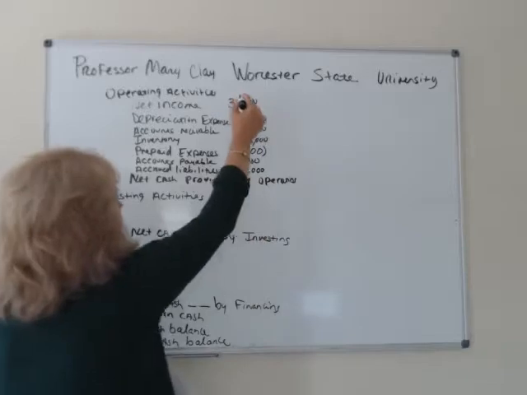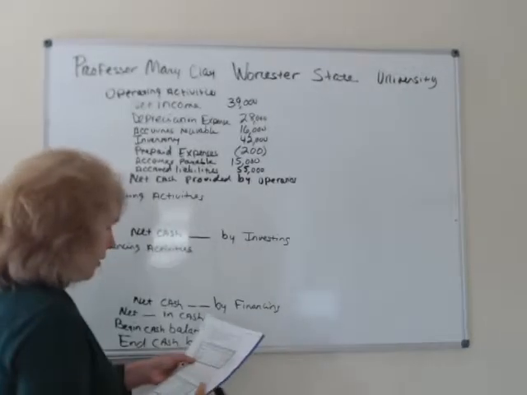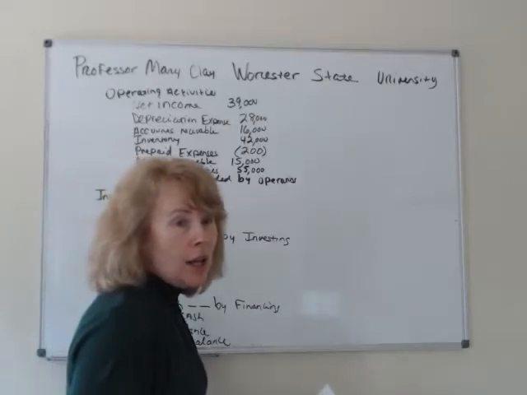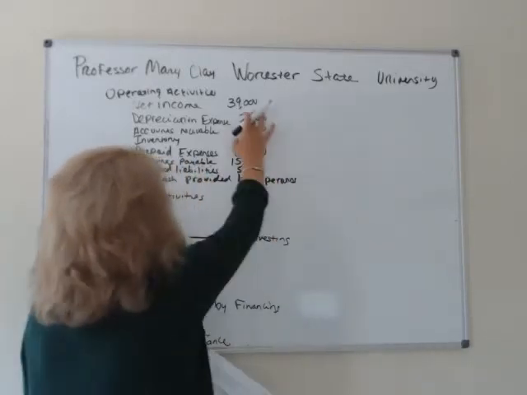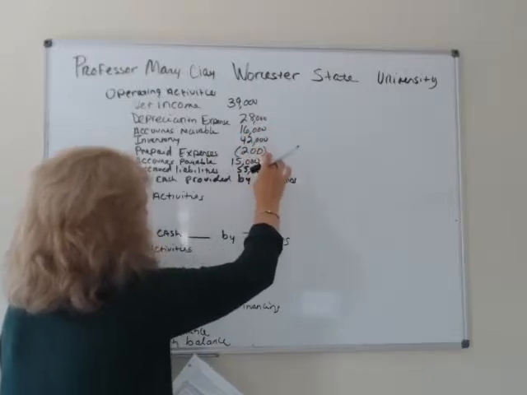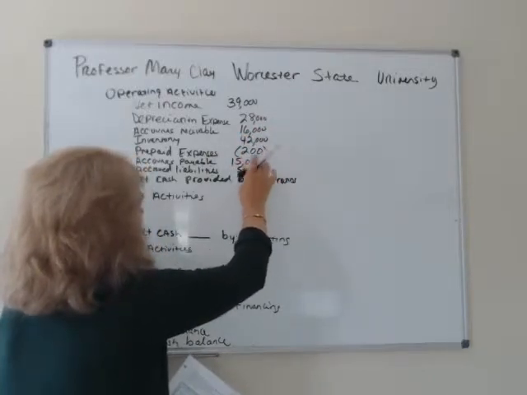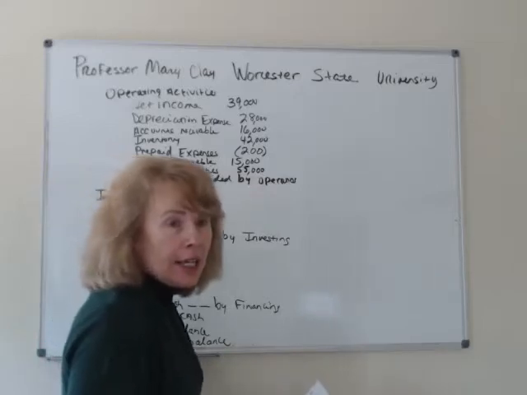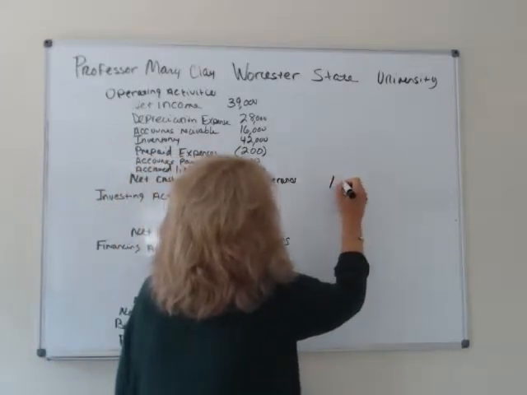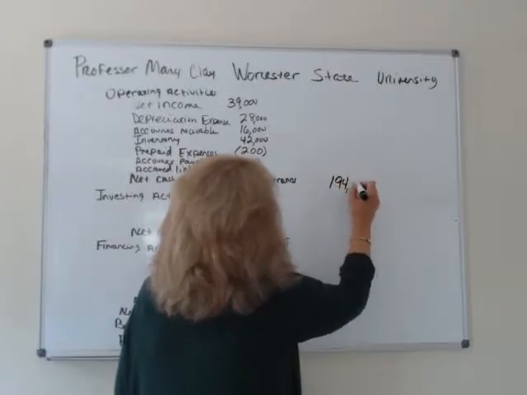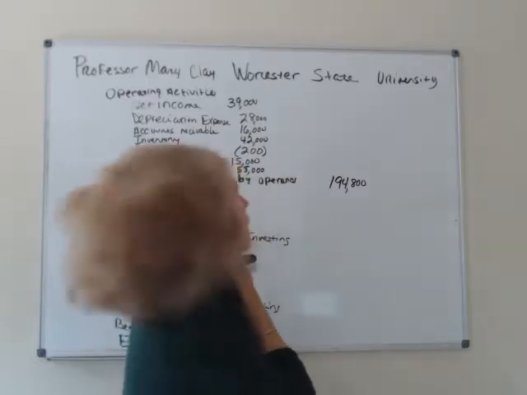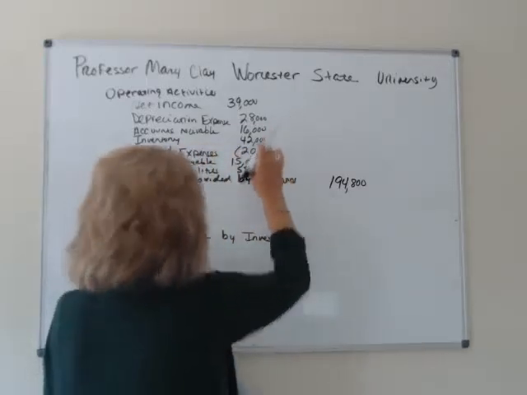Okay, now I total it down, all right? Basic math skills, so 39,000 plus 28 plus 16 plus 42 minus 200 plus 15 plus 55 equals 194,800. Okay? Now, the lab will make you do a subtotal. So here's the subtotal.